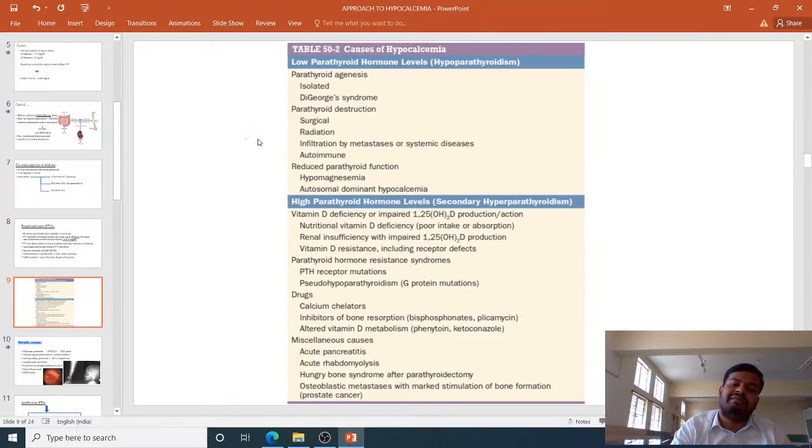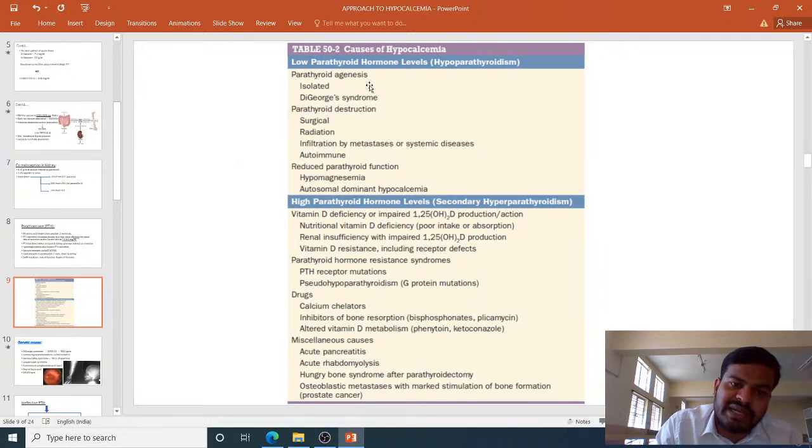Why is the parathyroid gland vulnerable to destruction during surgery? Because it is right behind the thyroid, and it is very vulnerable if the patient is undergoing subtotal or complete thyroidectomy, because these glands are embedded in the thyroid.